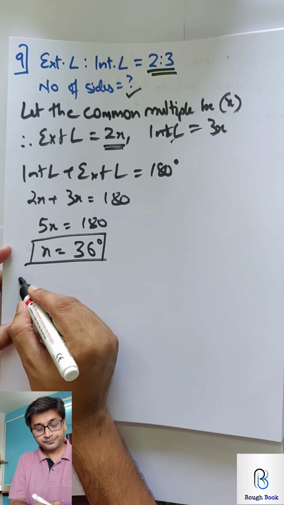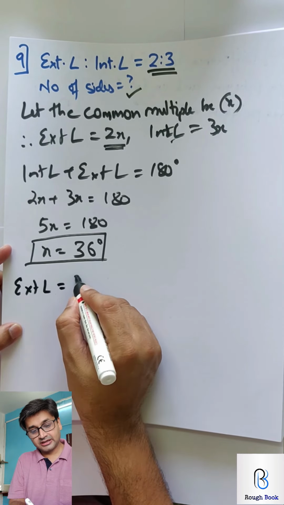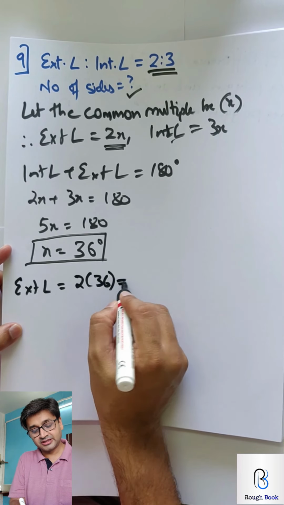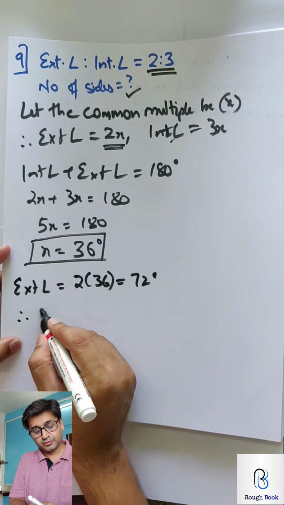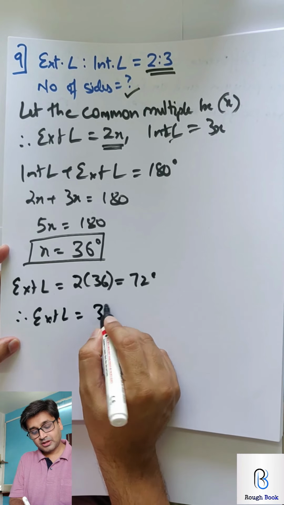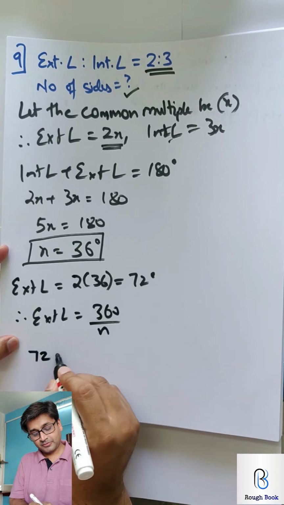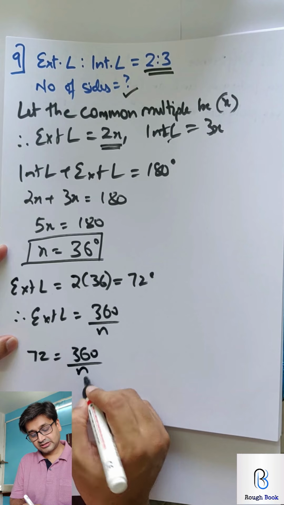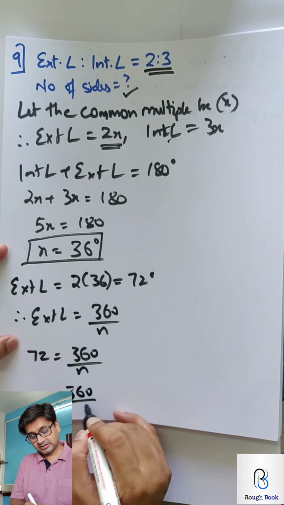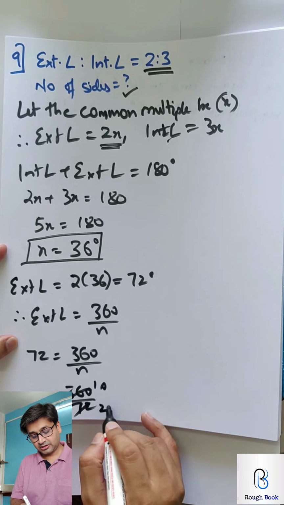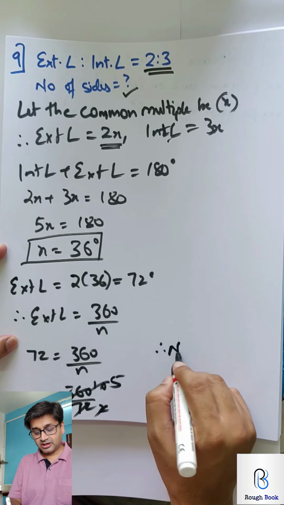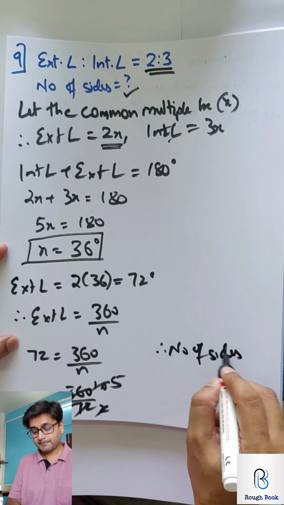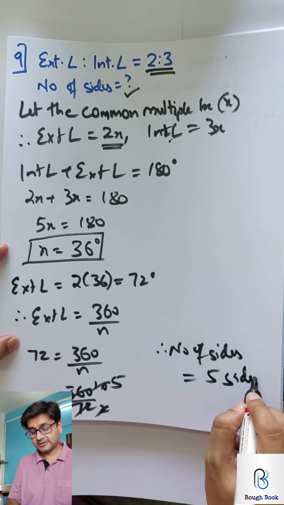Whatever you want to. So exterior angle is 2x, so 2 into 36, which becomes 72. So exterior angle equals 360 upon n. So 72 equals 360 by n. So n is 360 by 72, which is 5. So therefore number of sides is equal to 5 sides.